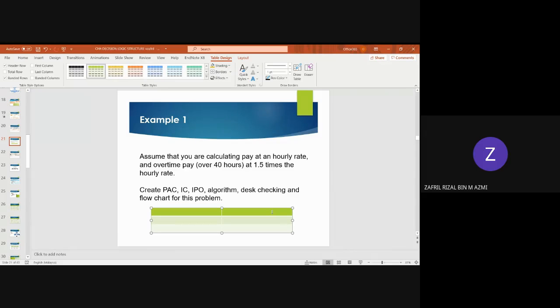salary. So the salary needs to be paid based on two conditions, right? Is it correct? The calculation for the payment should be, first, per hour, right?